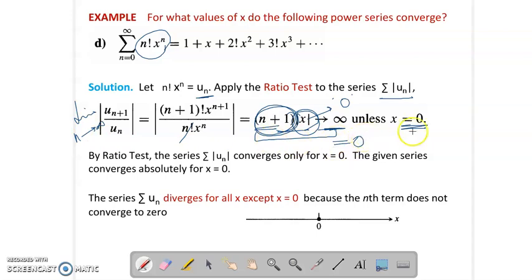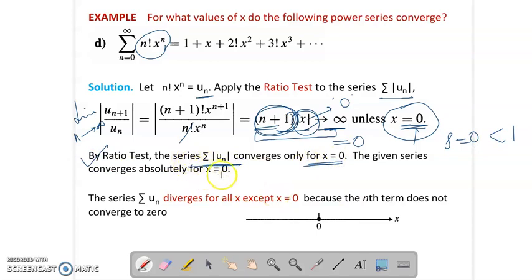But otherwise, if x is not equal to 0, this term is going to go to infinity. So we can say only when x is equal to 0, in that case your rho will be equal to 0, which is strictly less than 1. So by ratio test, this series of absolute values converges only for x is equal to 0.